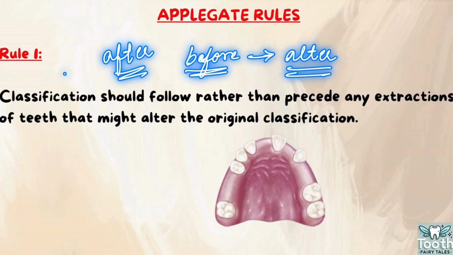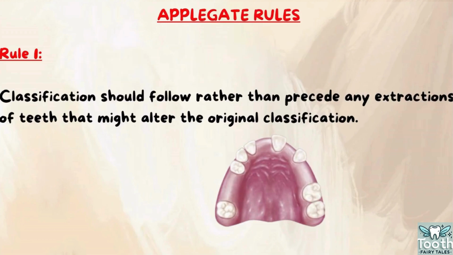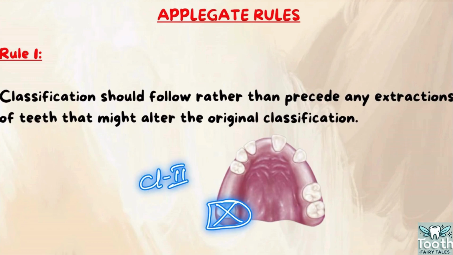Hence, the classification should be performed after all the extractions are done. For example, this is a class 3 modification 3 case. If you extract this molar, it becomes a class 2 Kennedy division. Hence, the extraction should be performed first and then the classification should be determined.